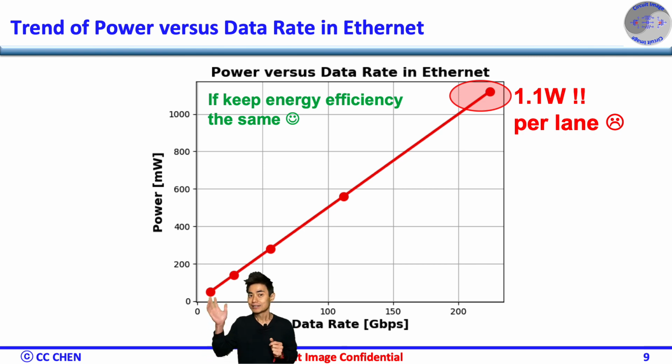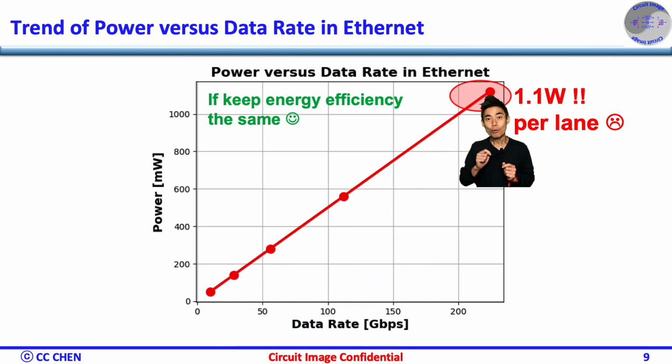Then that's 50 milliwatt in a one lane 10 gigabit per second SerDes, but that will be 1.1 watt in a one lane 224 gigabit per second SerDes I/O, which will blow up the power a lot and create a big thermal issue on the chip, package, and backplane. Therefore, keeping the energy efficiency the same is not good enough, and we must even reduce the energy per bit if we need to keep increasing the line rate.